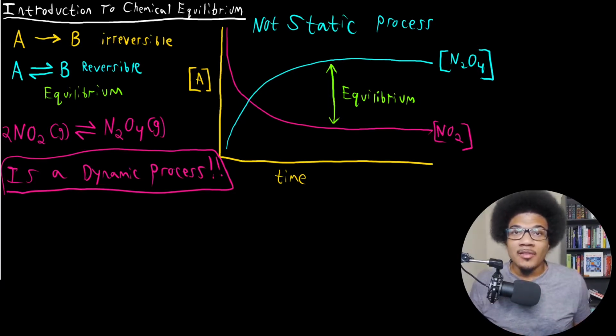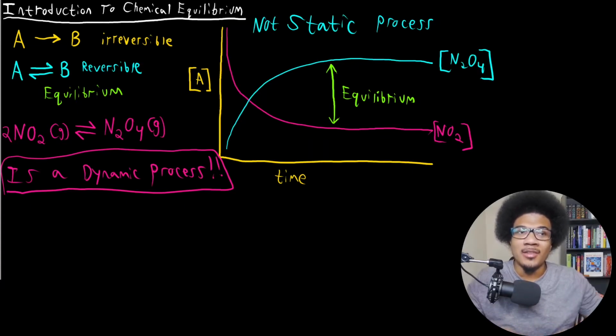The analogy that's usually used here is cars traveling on different sides of a highway. If it's during a particular time where people are leaving the city or particularly prone to coming into the city, then you will have drastic changes in the number of people that are in or out of the city. But if it's a relatively stable time, where there's an even number of people going in and out of the city, then you don't really change the population of the city, but there's still this dynamic process of cars coming and going.